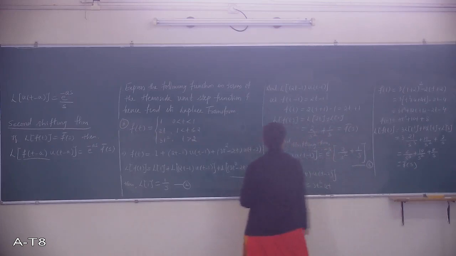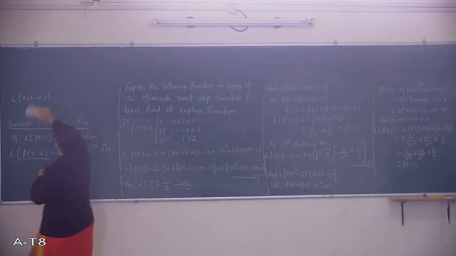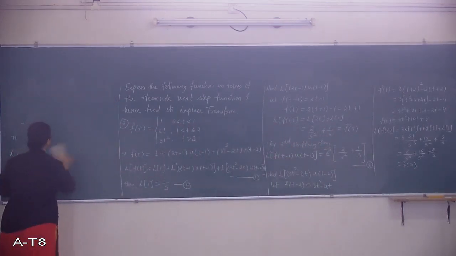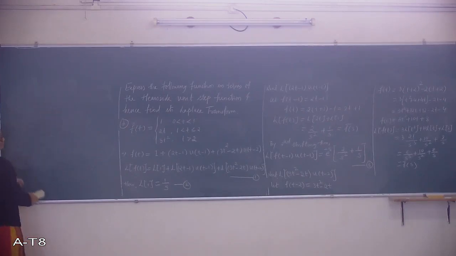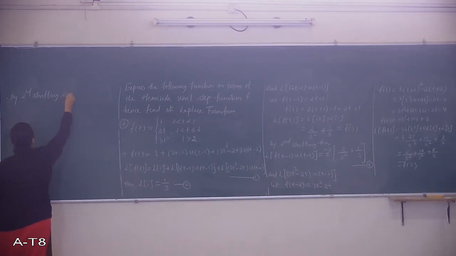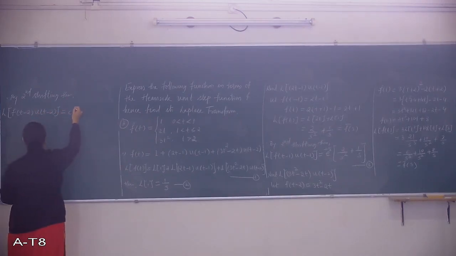Therefore, by the second shifting theorem, you can write Laplace transform of f of t minus 2 into u of t minus 2 is equals to e to the power minus 2s into f bar of s.